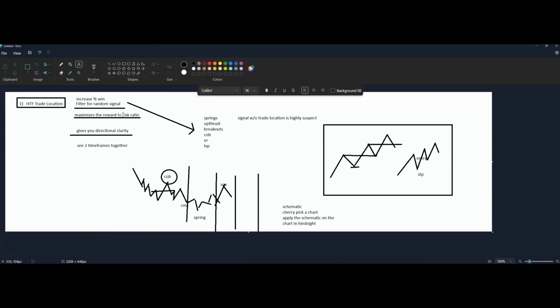When you get this right, you'll automatically get increased wins, high reward to risk, directional clarity, and you know what's the best part about trade location? It can be systematic.